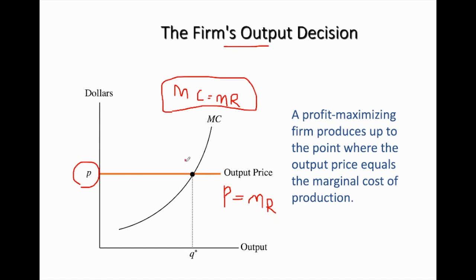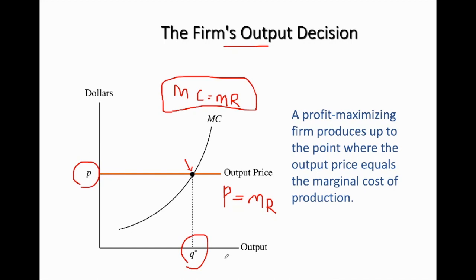This is the point where marginal cost equals marginal revenue, and over here we get Q star as the profit maximizing output level to be produced by the firm, and the firm would then charge P as the price level.